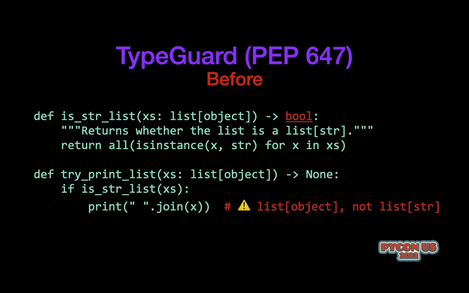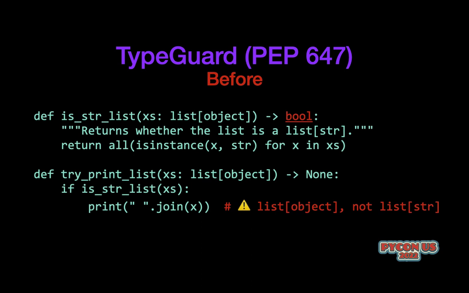Moving on, TypeGuard. So this is particularly common in JavaScript, but it also happens in Python where you have a function that is used to check whether something is of a particular property that a type checker can't figure out. So in this case, I have an example of a function that checks whether something is a list of strings.